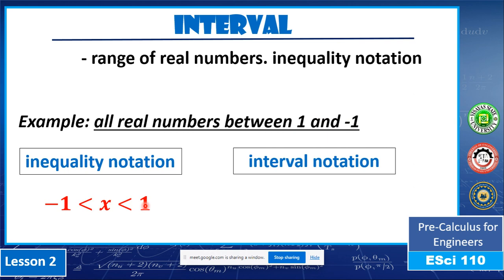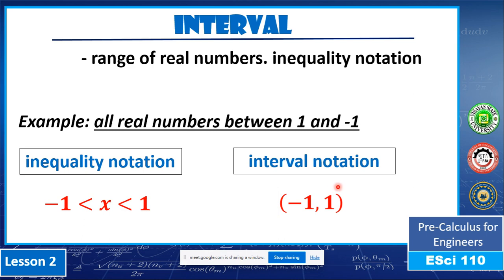You can also rewrite it with 1 first: 1 is greater than x and x is greater than -1. It's up to you. If we write this in interval notation, we have open parenthesis, -1, comma, 1, close parenthesis. It is very similar to annotating a point on a Cartesian coordinate plane.